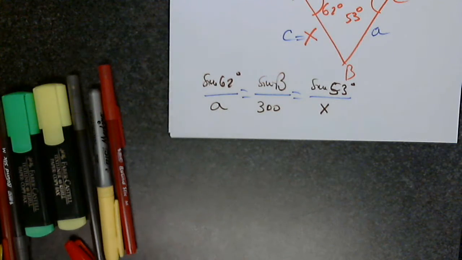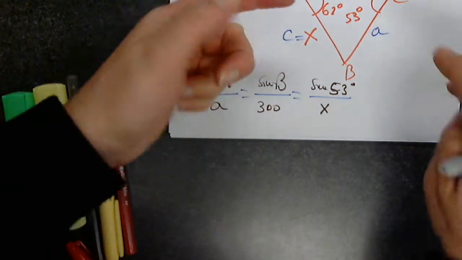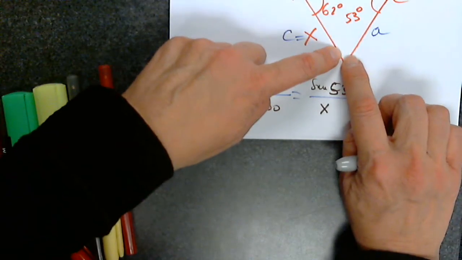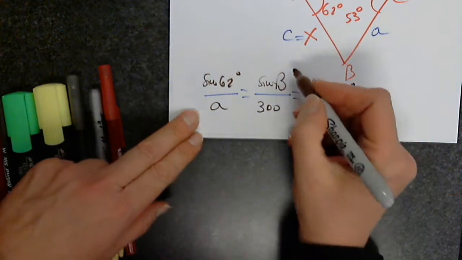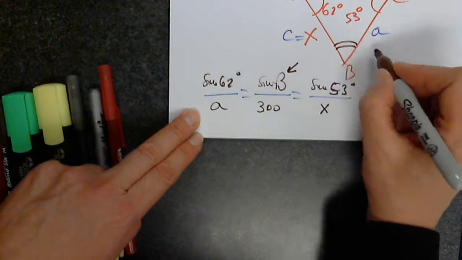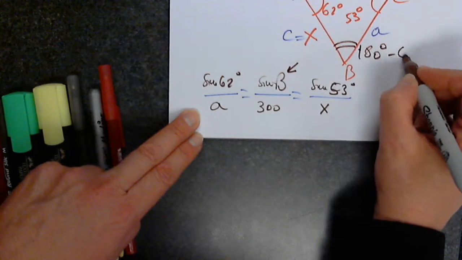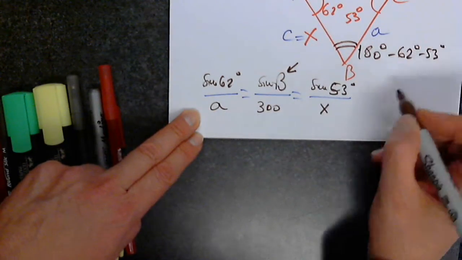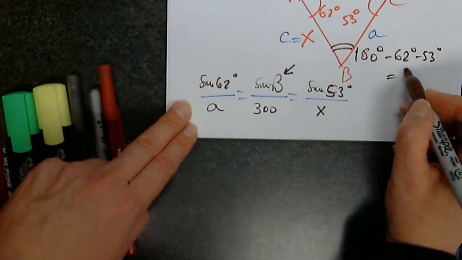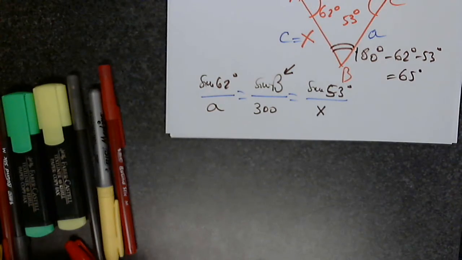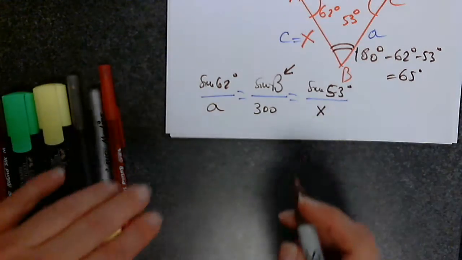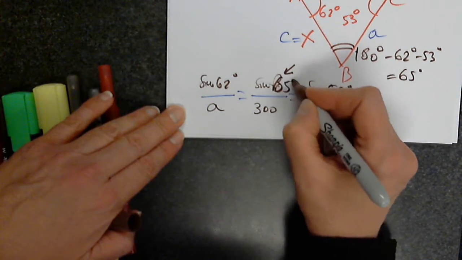Now, I noticed one thing: since I have two angles, I definitely have the third one. So this B is not an unknown. This is nothing else but 180 degrees minus 62 degrees minus 53 degrees. So then this is 65 degrees.